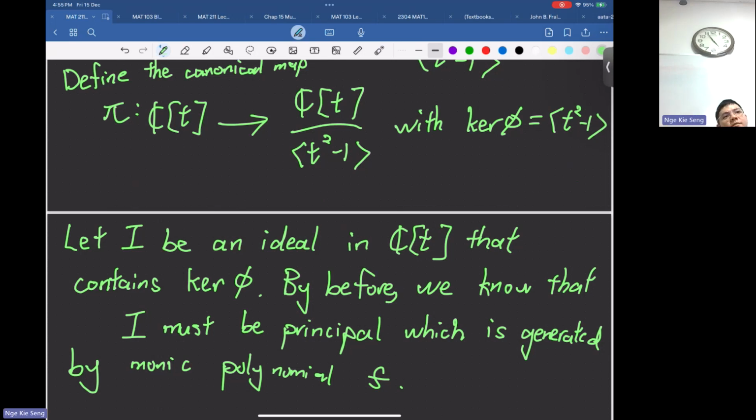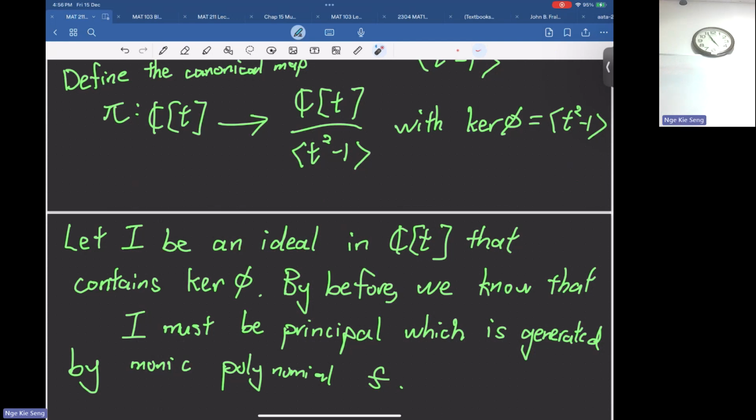But think about it. Inside this ideal I, it contains the kernel. But the kernel is generated by what? Just now, our kernel was generated by t squared minus 1.